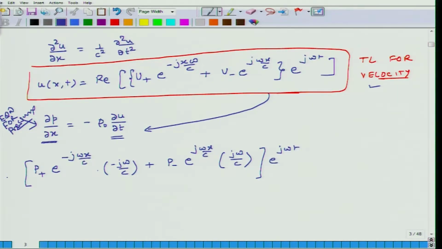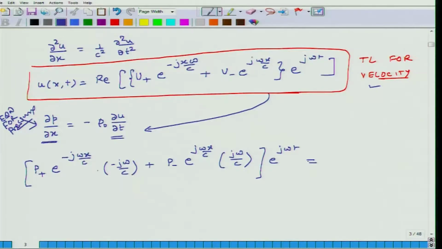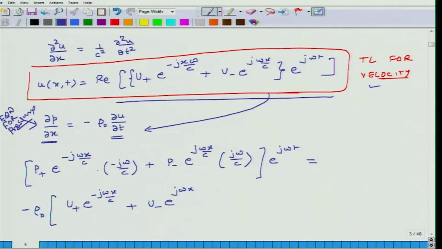I am going to omit the notation real from both sides, because we have real on both sides. So whatever is inside the brackets should be equal. This should equal the partial derivative of the velocity expression with respect to time multiplied by negative rho naught. So this should be equal to minus rho naught times u plus e to the minus j omega x over c plus u minus e to the j omega x over c.